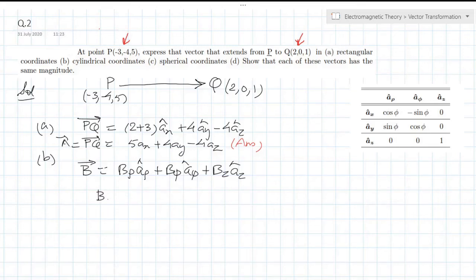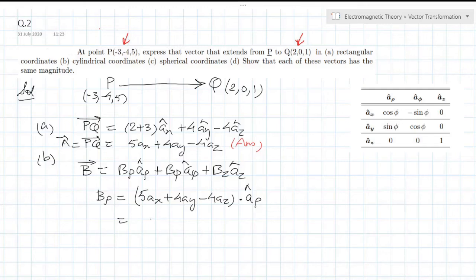So again, as previously, let us find out B rho. B rho can be found by multiplying the vector given in part A with the direction which is desired, and the first direction that we desire is the rho direction. So let us multiply it with A rho.